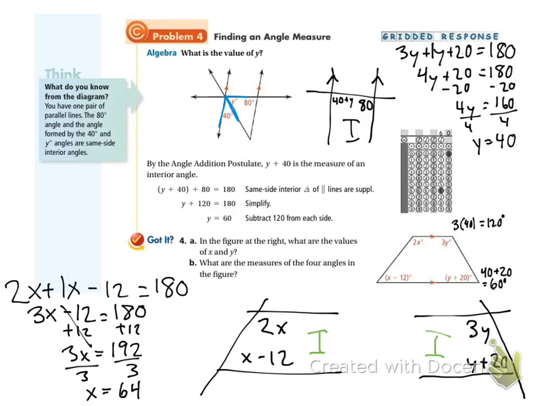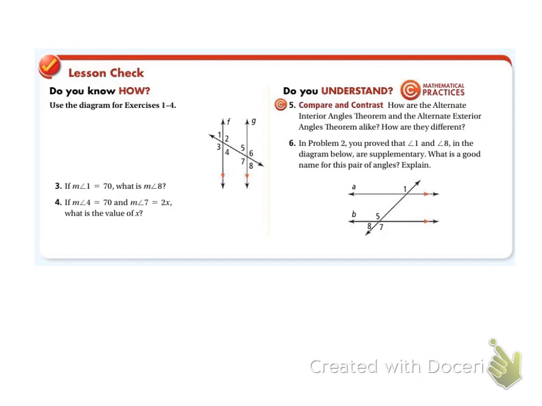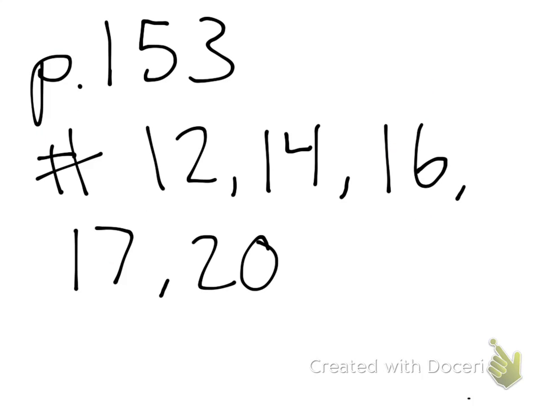My x was 64. 2 times 64 gives me 128. And 64 minus 12 gives me 52. If I double check, that adds up to 180. And there we go. There's your homework.